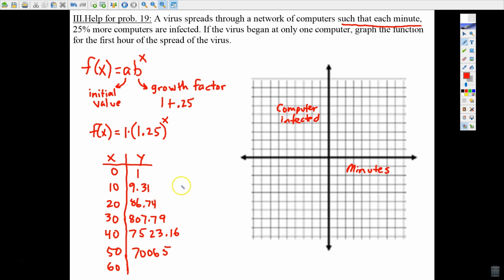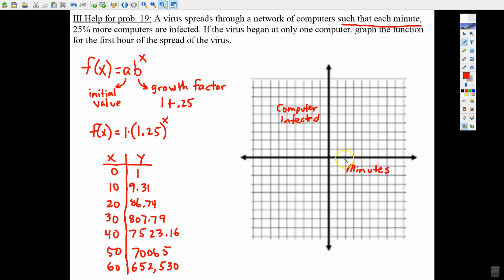So let's let 1.25 be raised to the 60th power, and we get a pretty big number, 652,530. Wow, a lot of computers in just 1 hour at that rate, increasing at 25% per minute. After 1 hour, that many computers have been infected.